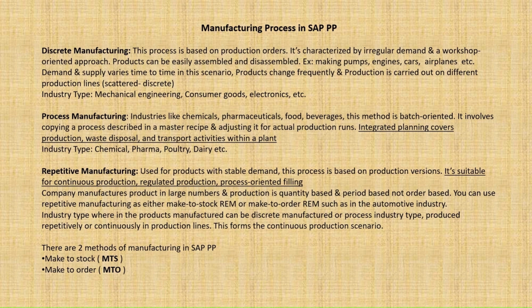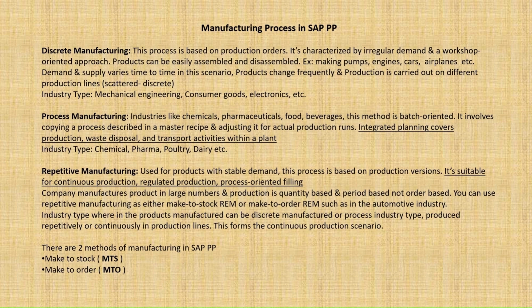That's why we produce it in bulk, based on the period. Continuously for 6 months, you are producing the same thing. The term is repetitive: you are just repeating the same thing again and again, producing a particular quantity. Examples could be the cement industry, or sugar production.